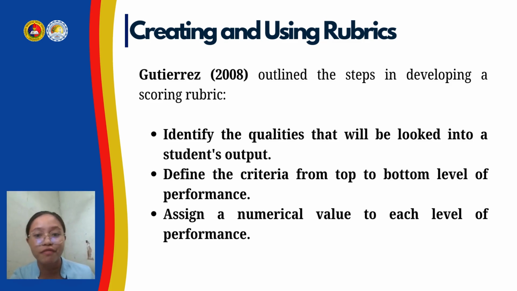Second, define the criteria from the top to the bottom level of performance. It should start from the highest to lowest. Let's say, for example, 4 as the highest, 1 as the lowest. And lastly, assign a numerical value to each level of performance. Of course, from 4 to 1, from very good to needs improvement. So I will provide an example of how to create a rubric.